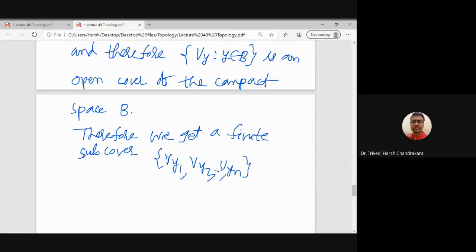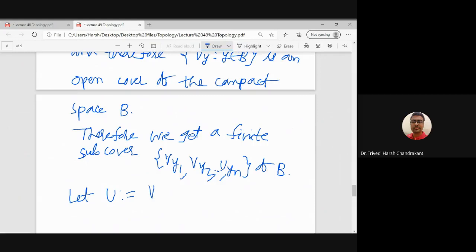So this is a subcover of B, and then using this subcover, corresponding to Vy1, Vy2, ..., Vyn, we will get Uy1, Uy2, ..., Uyn, the corresponding sets in terms of U.